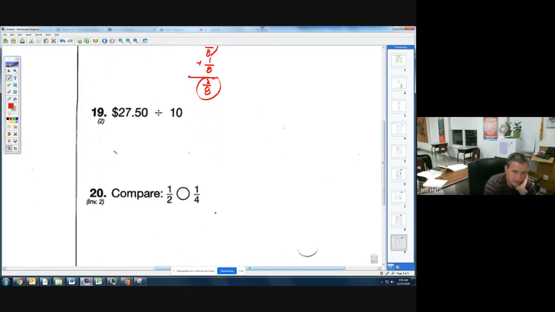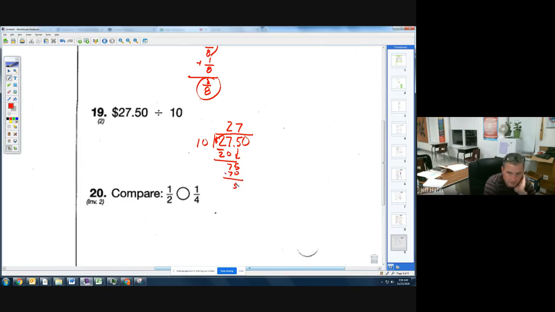Problem number 19. Ooh, we're getting close here. $27.50 divided by 10. Again, remember, this is money, so my answer is going to have to be in money. 10 doesn't go into 2, but 10 does go into 27 twice. That's 20. I subtract, I bring down. 10 goes into 75 7 times, which is 70.